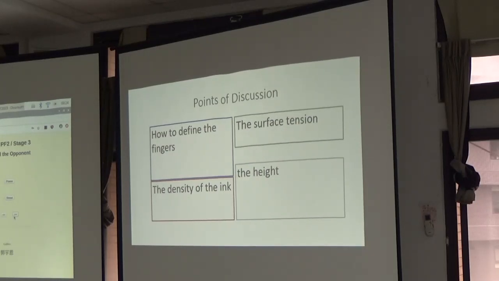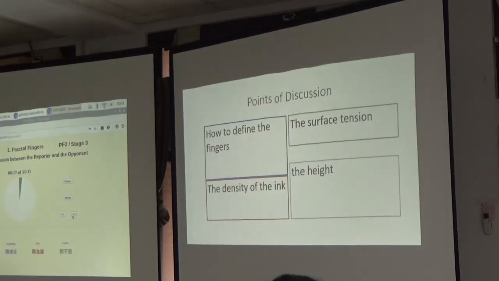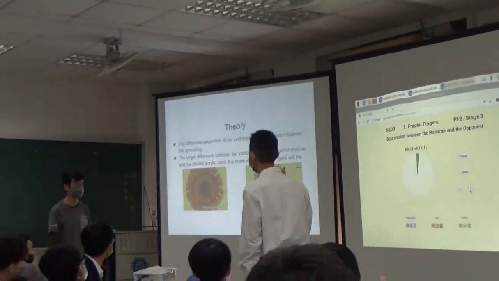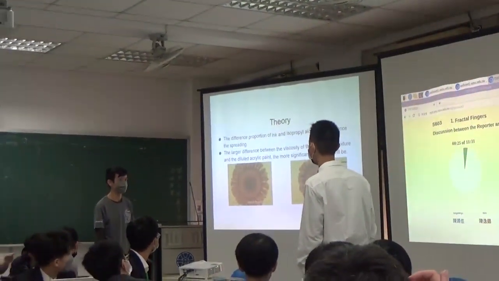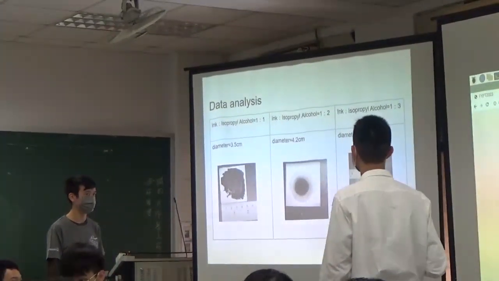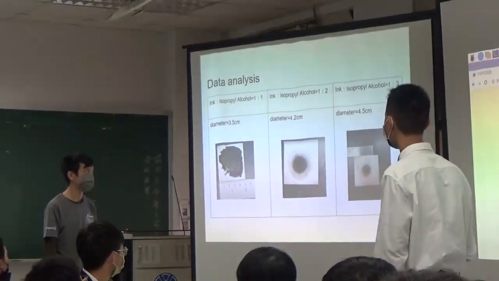Can you just show me your fingers again? Okay. Wait. You take this from the theory, and can you show me yours and what you thought? So how do you define a finger more precisely, not just the circle?